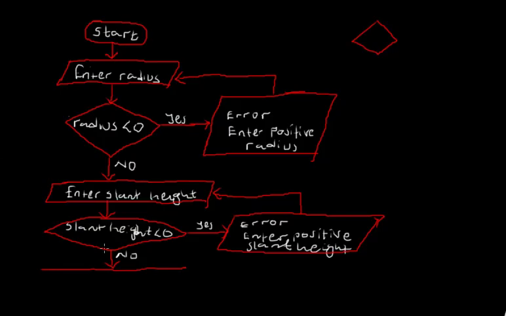So we'll have area equals pi star r star r plus slant height. As I said, this is something that is going to take place, so we have it in a rectangular box.